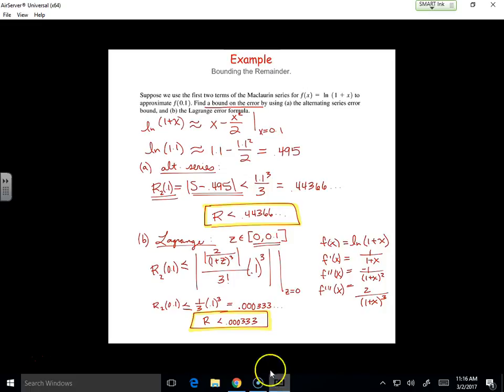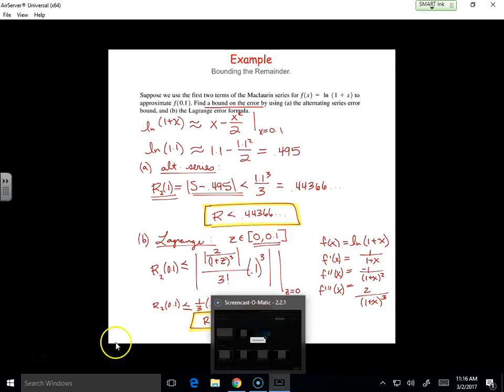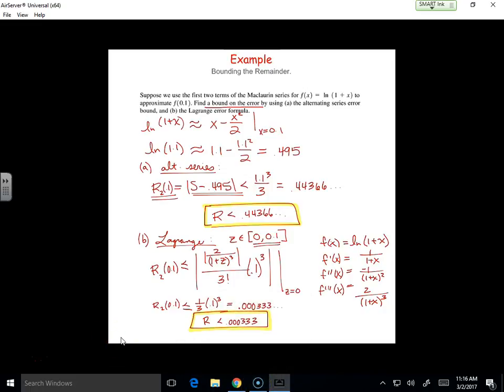We figured out r is less than 0.000333. We used our calculators, hardcore. Not hardcore, but we did use our calculators, right? What did they do?